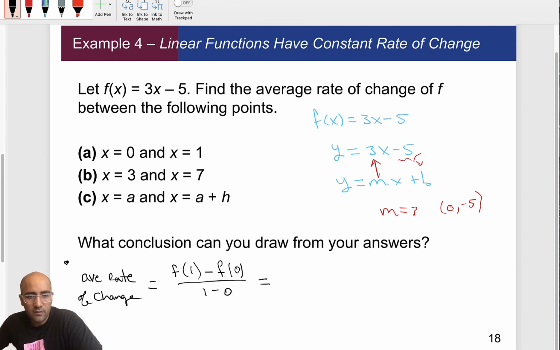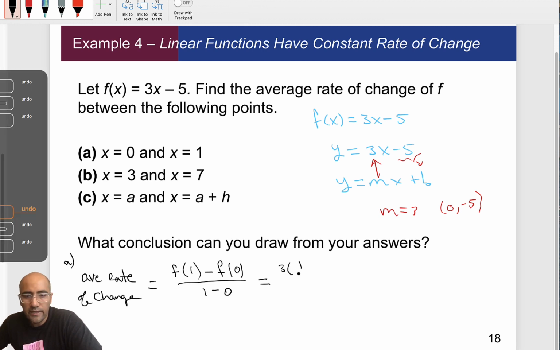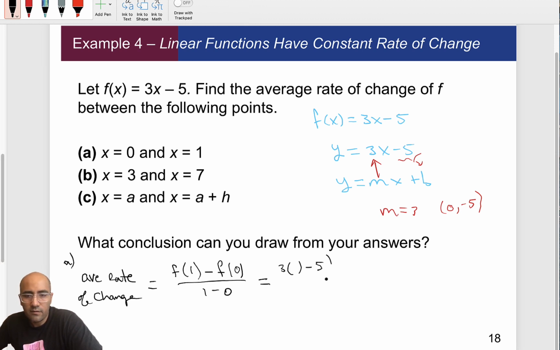This is for part A. And then f of 1 is going to be 3 times blank minus 5, minus 3 times blank minus 5, all of it all over 1 minus 0.